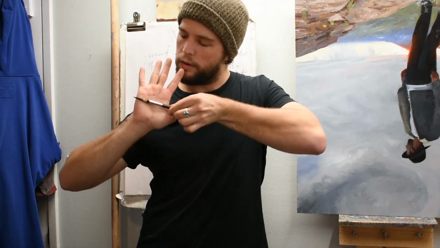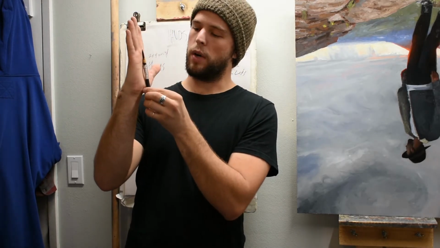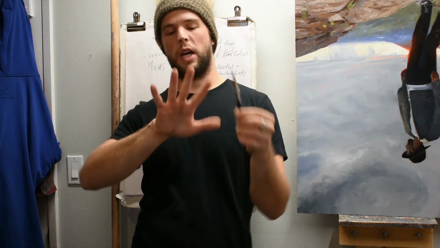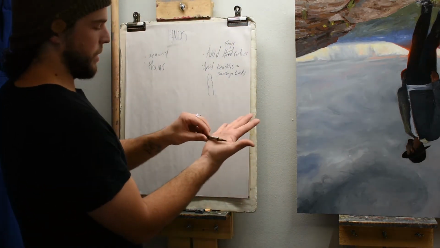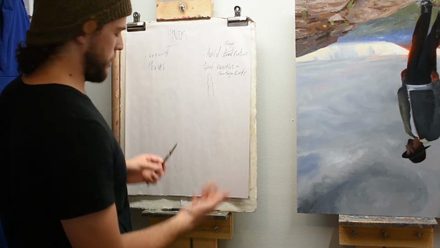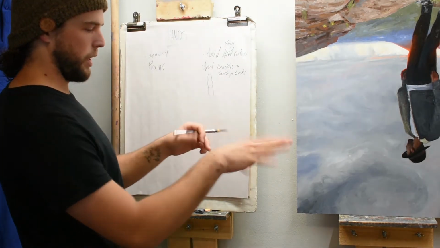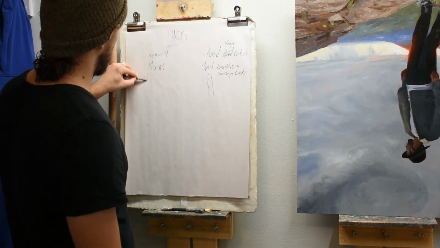Our palm is almost square, it's close, it's not exact. But this palm measurement, you can place and find in a lot of other spots. So thinking about that unit of measurement, this to this to this to that. The nice thing about our hands is we have them and we can look at them and think about these things. So measurements.